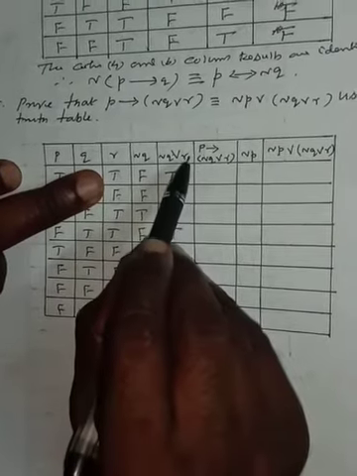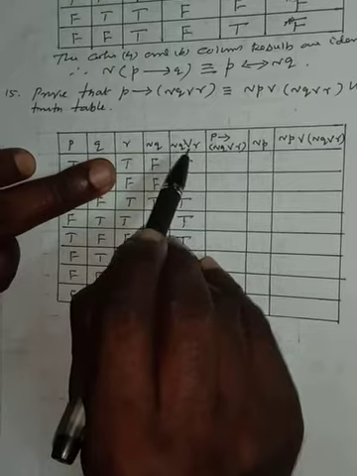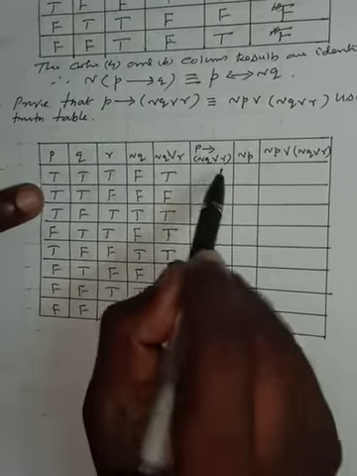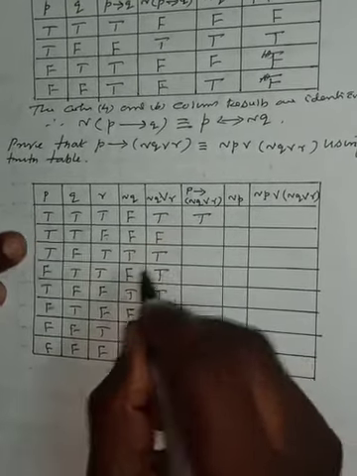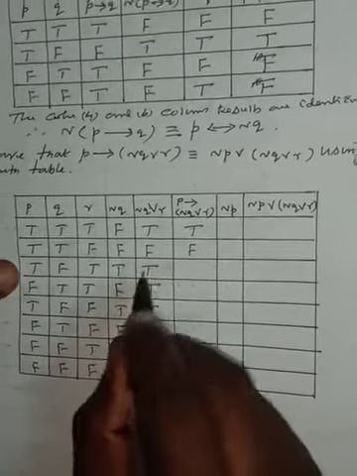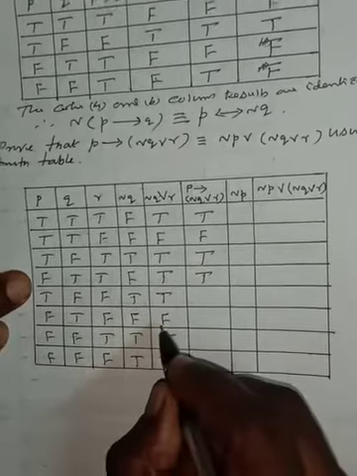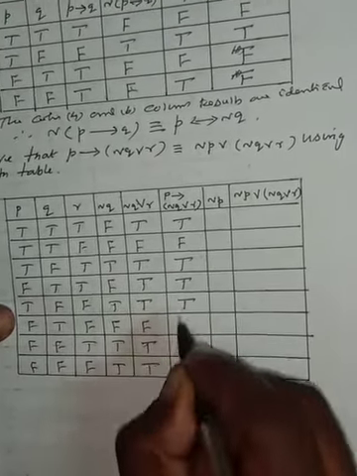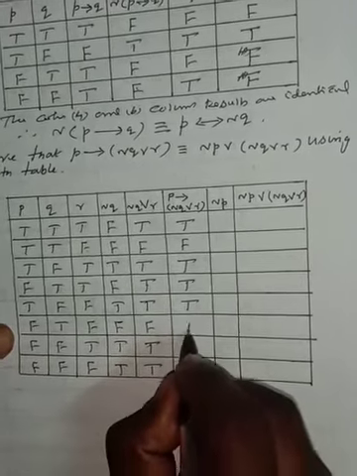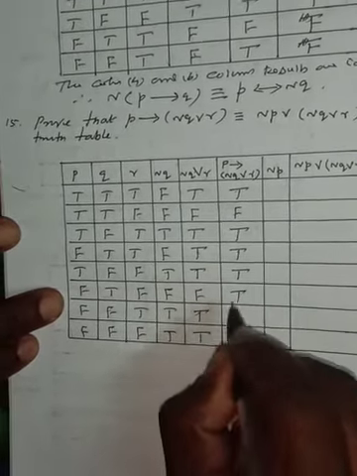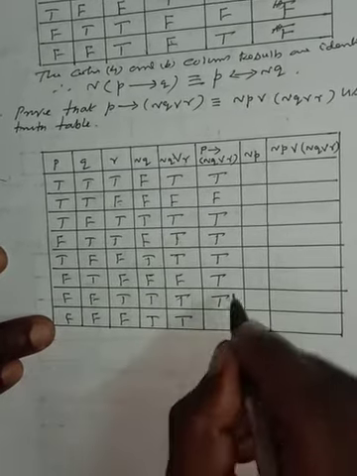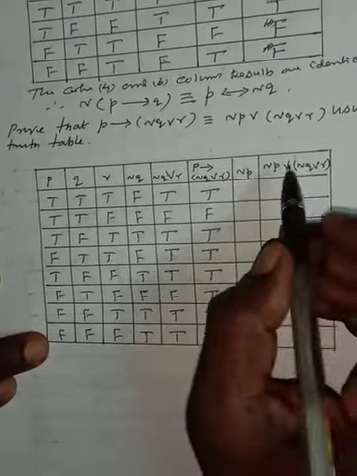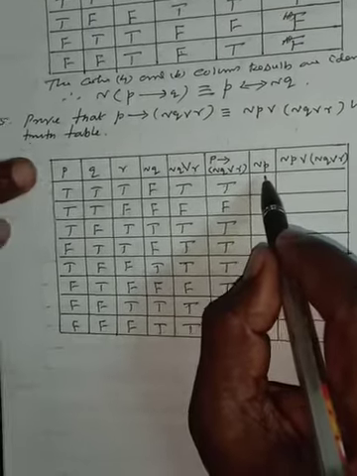Next P implies negation of Q or R. So P implies T means T. TF means F. TT means T. FT means T. Next TT means T. FF means T. Next FT means T. FT means T. Next negation of P. Take first column.